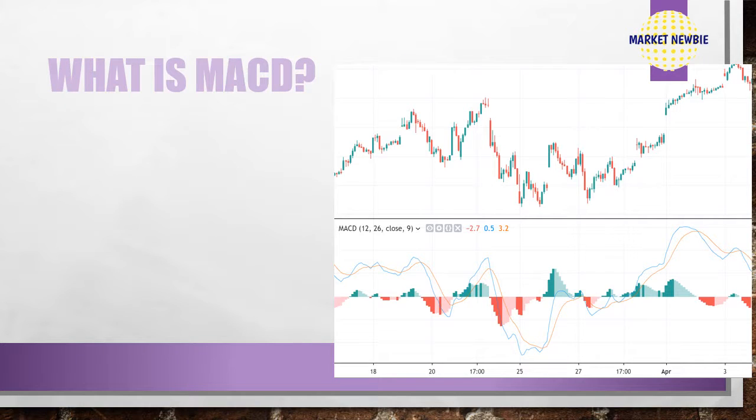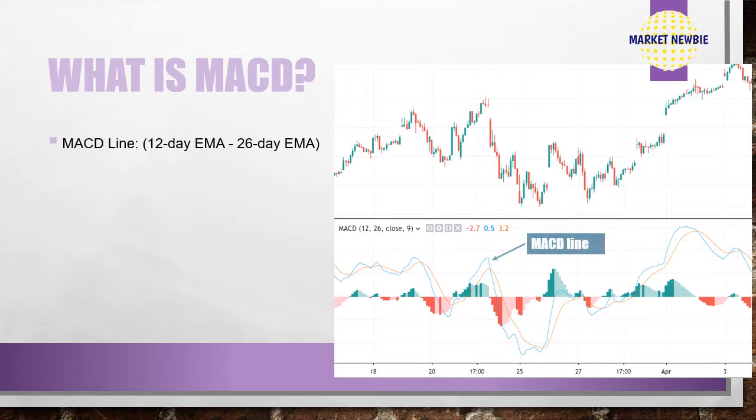Now, let's move to another very popular indicator, moving average convergence divergence, also called MACD. MACD is a trend-following momentum indicator that shows the relationship between two moving averages of a security's price.